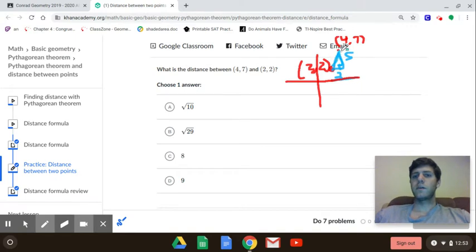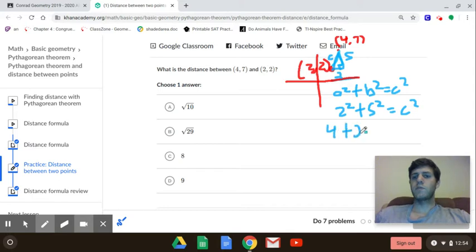And then we want to find our hypotenuse, which we can call C. Okay, so we're going to use our a squared plus b squared equals c squared. So that's 2 squared plus 5 squared equals c squared. 2 times 2 is 4. 5 times 5 is 25.